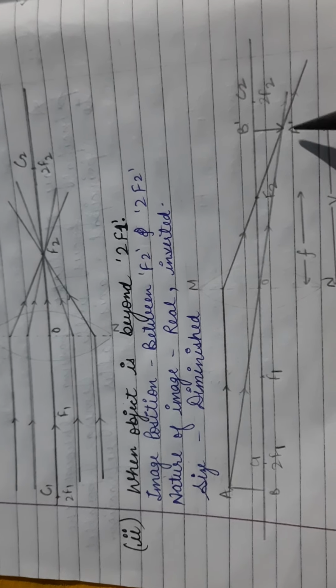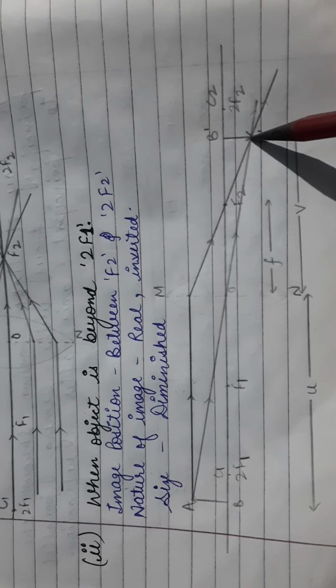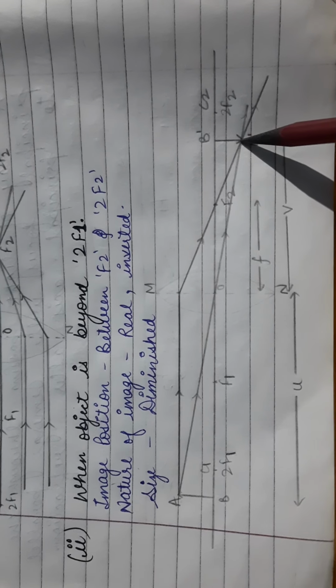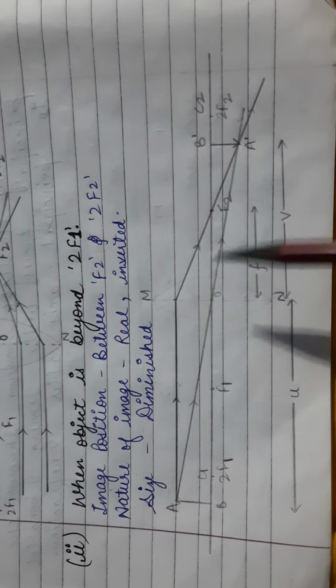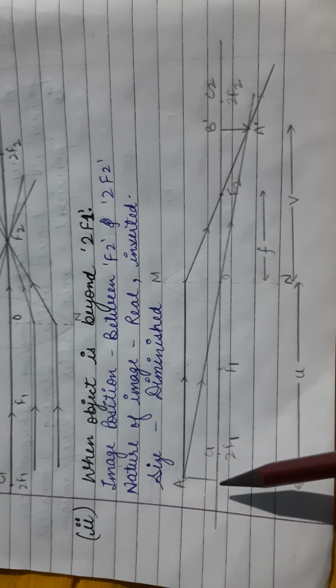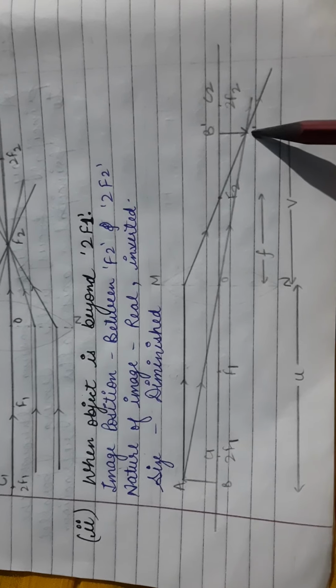So this is the point where they both intersect each other, and this is the point where the image will form. The nature of the image will be real and inverted. Size will be diminished. See, the object size is bigger than the image size, so that's why we have mentioned it diminished.